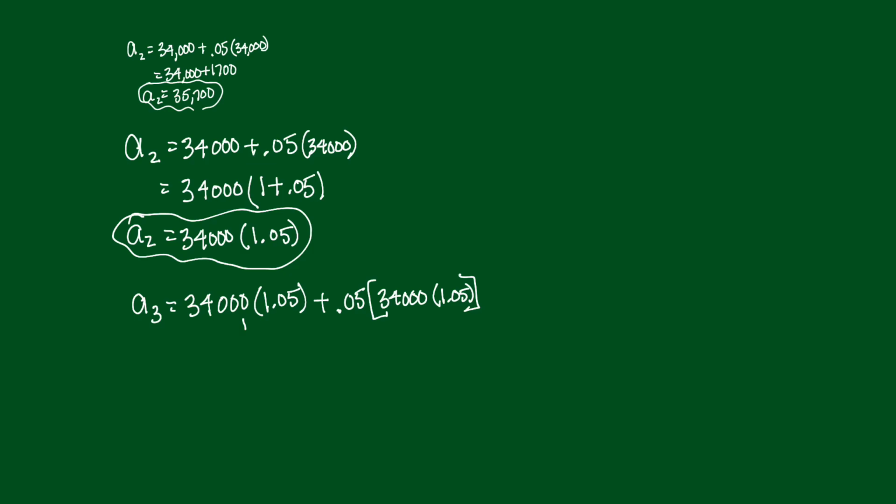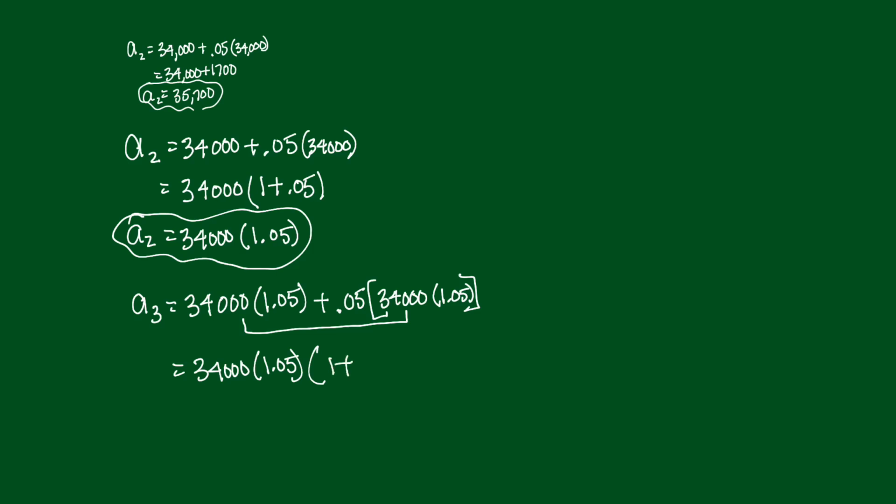Now, what's common is that 34,000 times 1.05. So I'm going to factor that out. Now, if I factor that out, what's left? 34,000 times 1.05 times what is going to give us 34,000 times 1.05? Well, that's a 1.